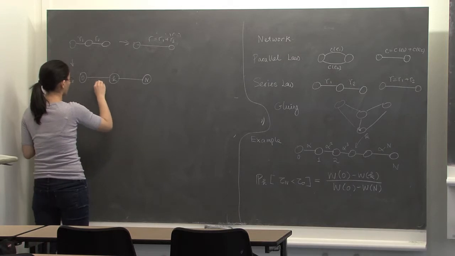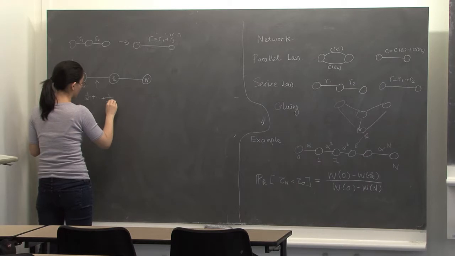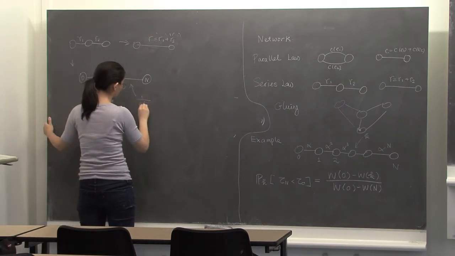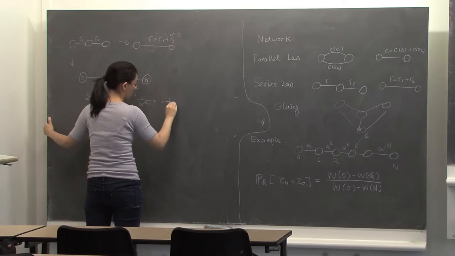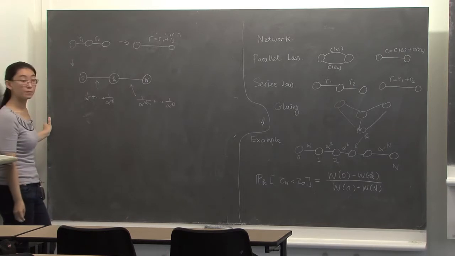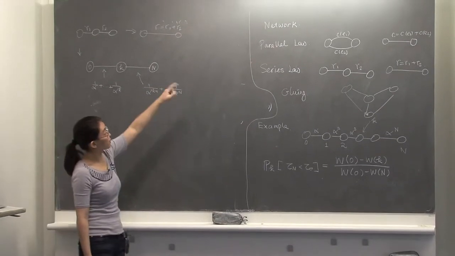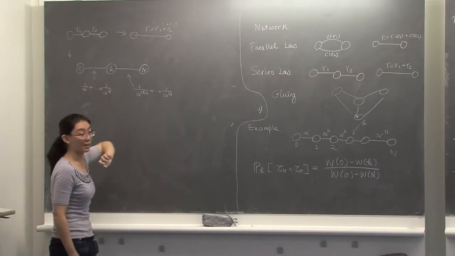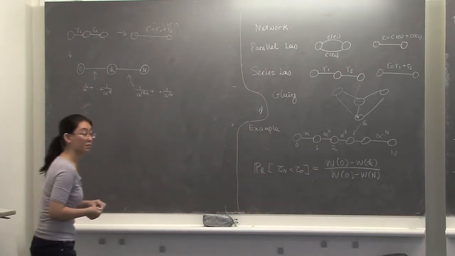And the resistance here is given. Because of these operations, we know that the voltage on this network is exactly the same as the voltage on the original network.